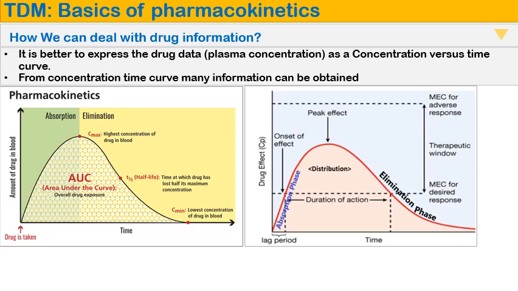There is a time between the start of absorption and reaching the minimum therapeutic concentration. This time is called lag time. Lag time changes from drug to drug and according to the route of administration and the dosage form.